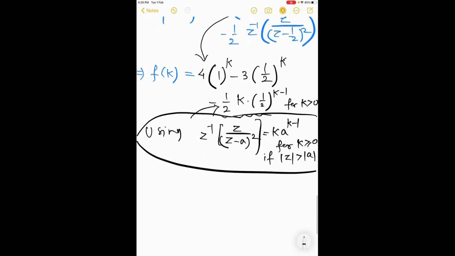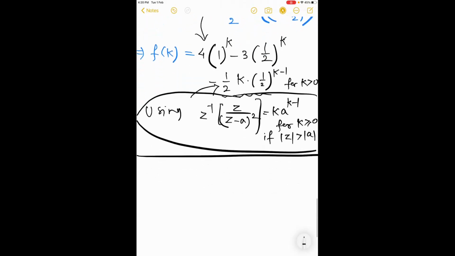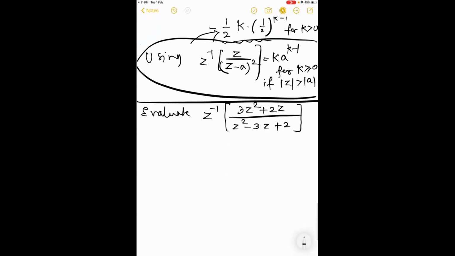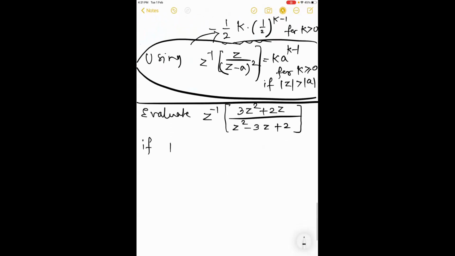One you can try here. Evaluate Z inverse of 3z square plus 2z upon z square minus 3z plus 2, if 1 is less than mod z is less than 2.